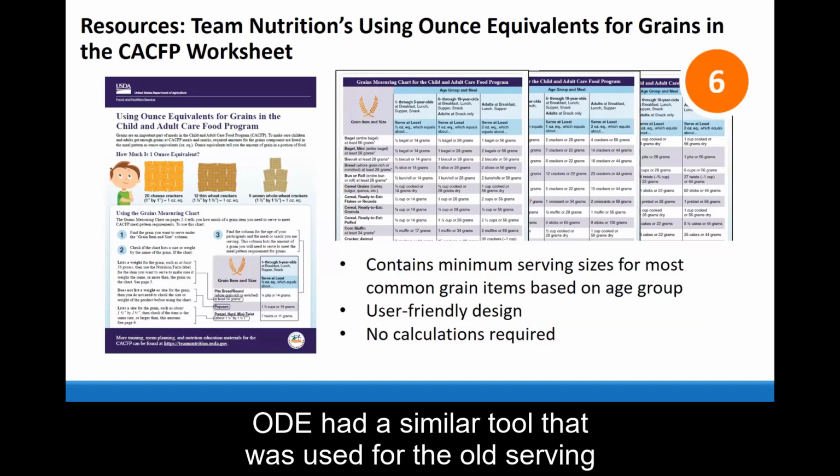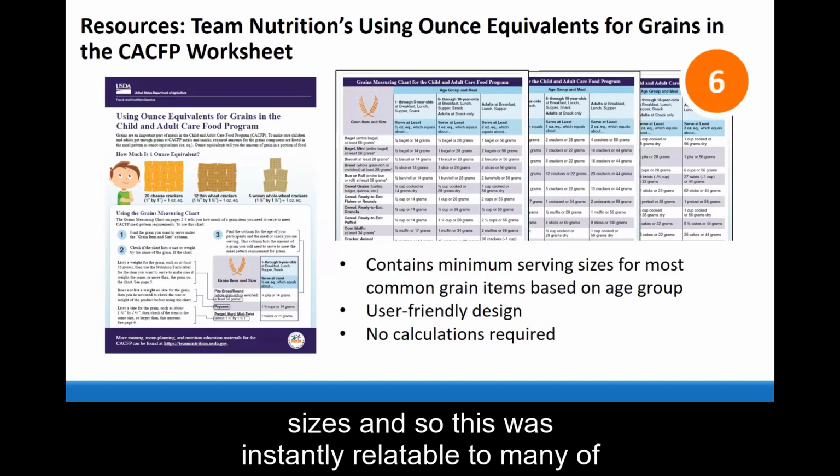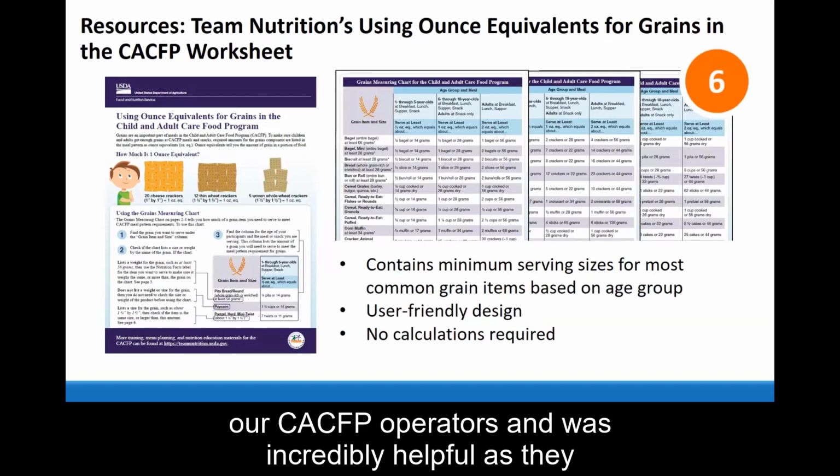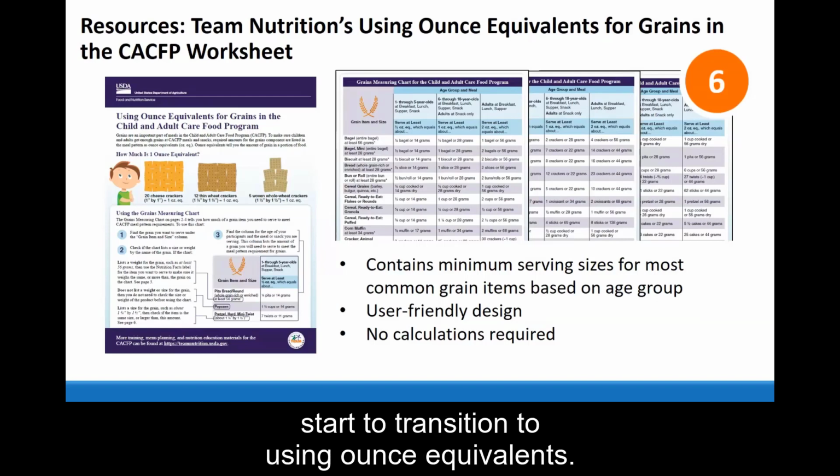ODE had a similar tool that was used for the old serving sizes, and so this was instantly relatable to many of our CACFP operators and was incredibly helpful as they start to transition to using ounce equivalents.